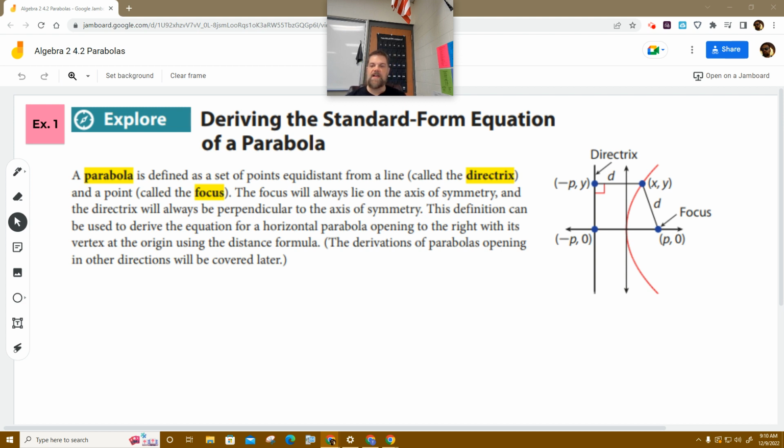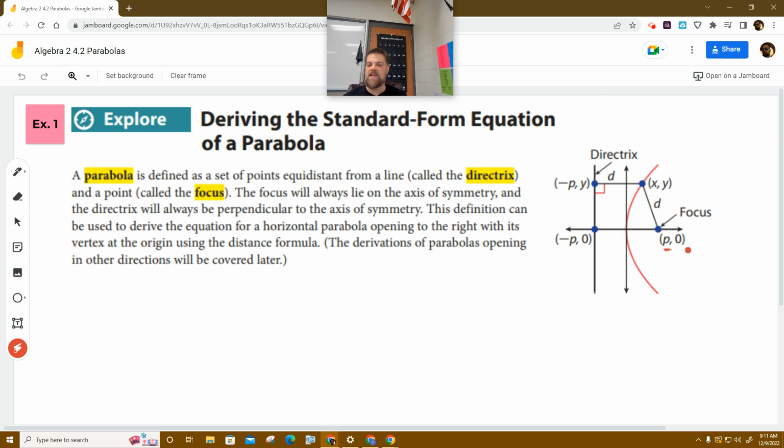But what I want to point out in the graphic here is that, let me get my little laser pointer. This vertical line is perpendicular to the axis of symmetry of the parabola. So this is the parabola right here, right? And then the axis of symmetry is here. The focus is here, right? That's a point. It's a fixed point.